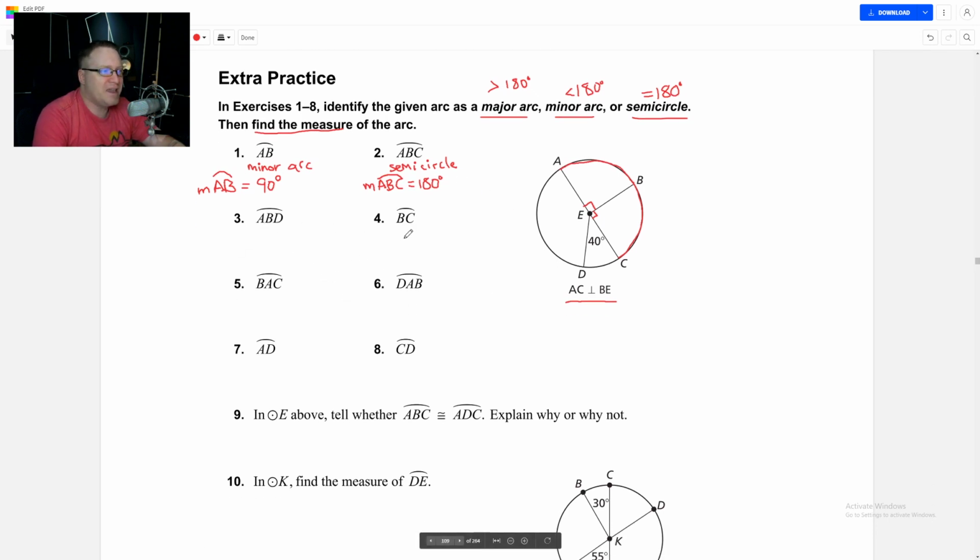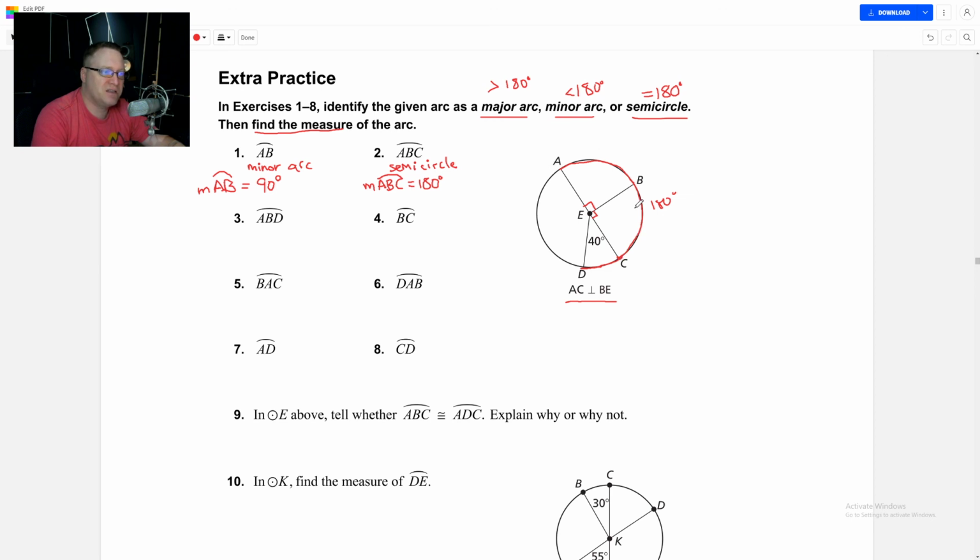Next, let's look at ABD. So now we're going from A to B, and then we're going to go all the way to D. Well, we already said ABC is 180, right? From here to here. But then we have another 40. But these are adjacent, right?